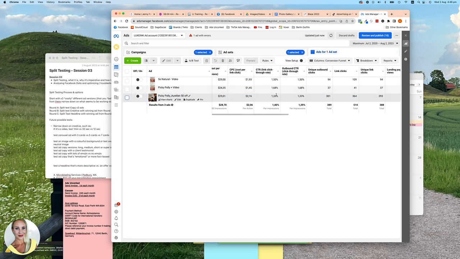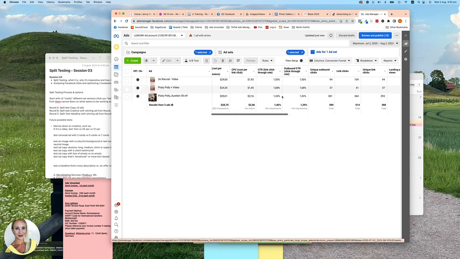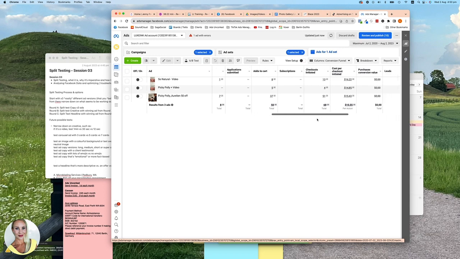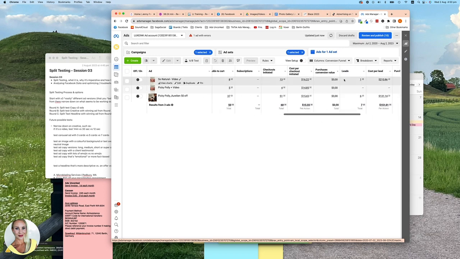Because even though the click-through rate is higher, it could still mean that people are intrigued and drawn in, such as for this video. Video tends to have higher click-through rates, but that doesn't mean you're drawing in the right type of audience. You could draw in more people, or at a higher percentage, but then they're not actually booking any consultations.